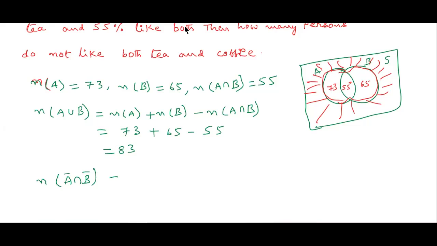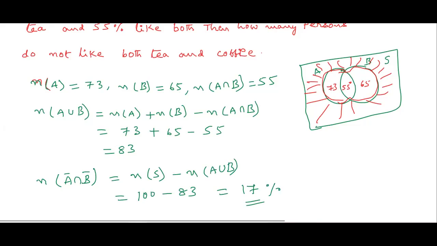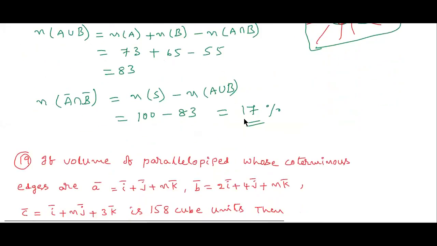That means total N of S minus N of A union B. N of S means 100% total, 100 minus N of A union B, 83%. Now, remaining, what is that? 17% people don't like both tea and coffee. So this is also an easy question.